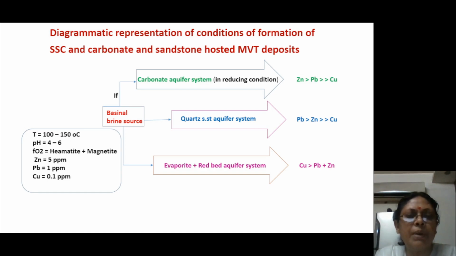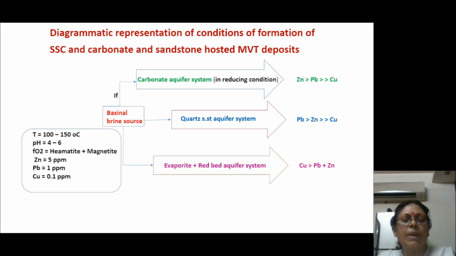If this basinal brine moves through a carbonate aquifer system in reducing condition, it precipitates zinc more than lead and much more than copper. I mean, copper is much less than zinc and lead, in which zinc is major.